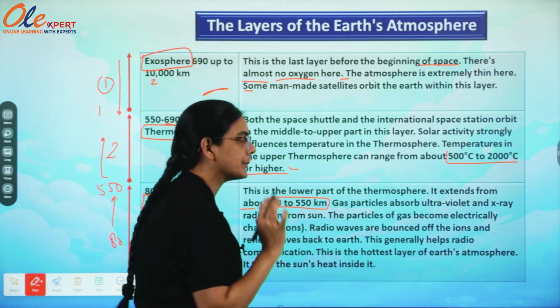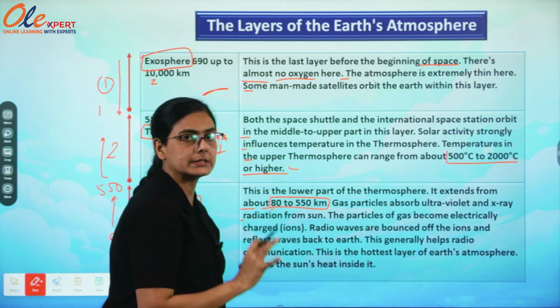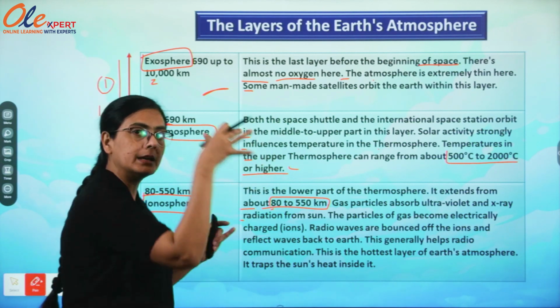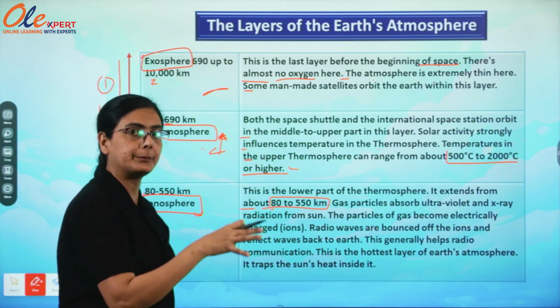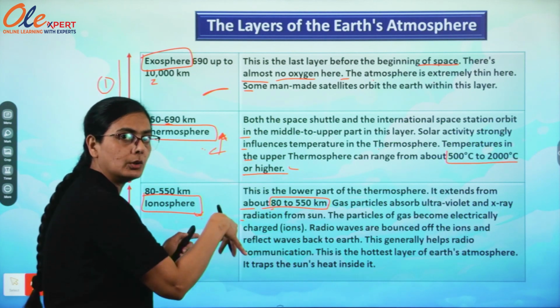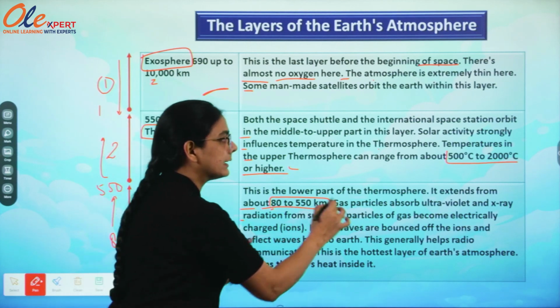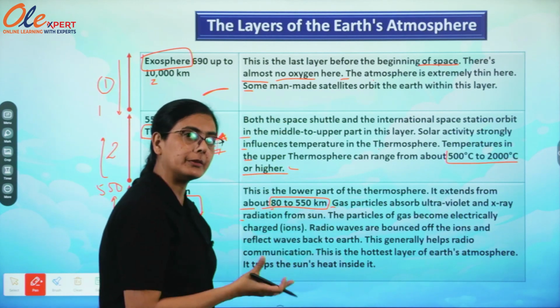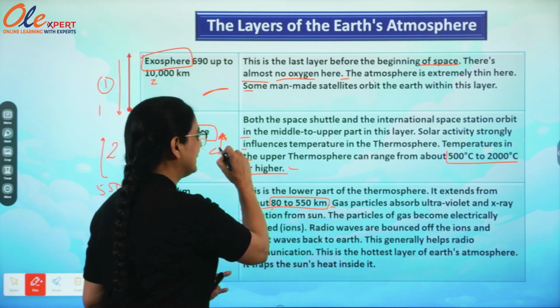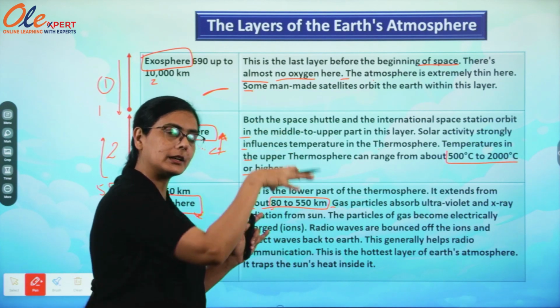Gas particles absorb ultraviolet and X-ray radiation from the sun, as this layer is getting the maximum heat of solar energy. This is the layer below the thermosphere, so it is receiving the ultraviolet rays and X-rays coming directly from the sun.